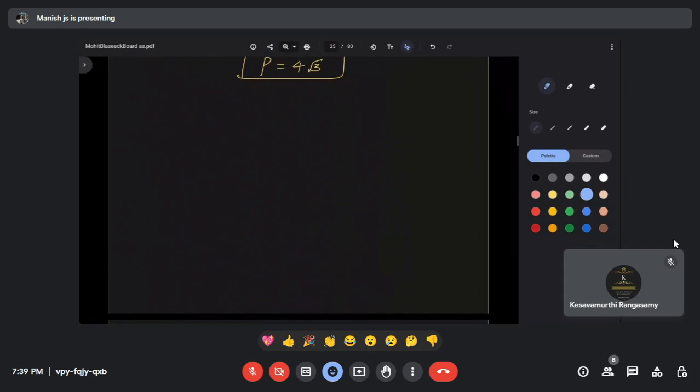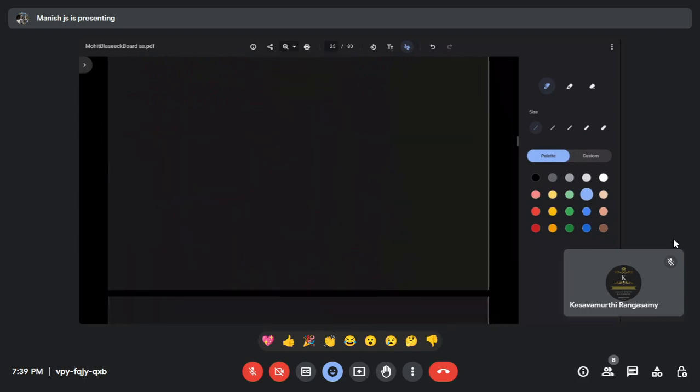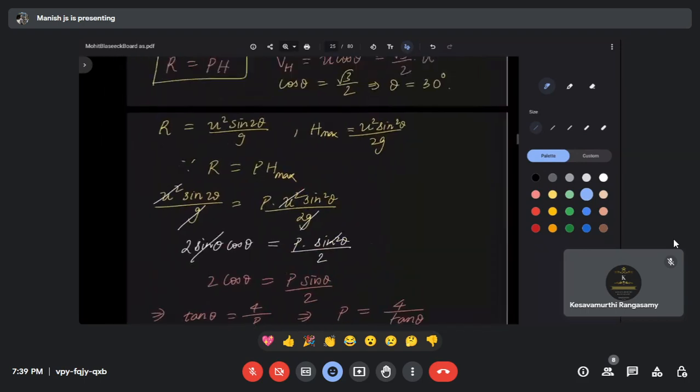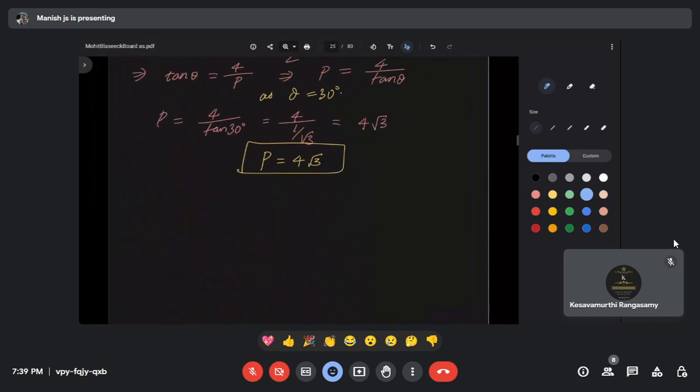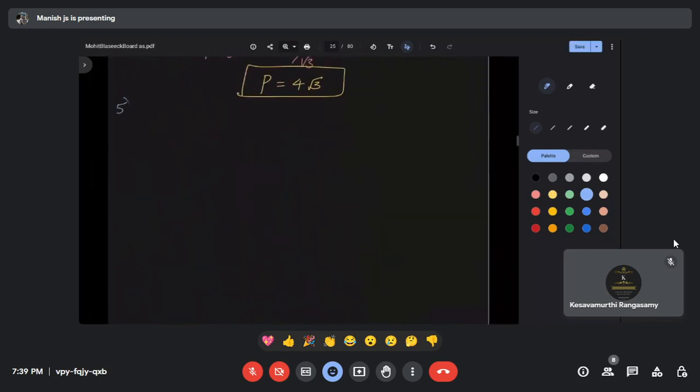We'll see a different model now, a vector model. The next question is number 5. A cannon, I hope you guys know what a cannon is.